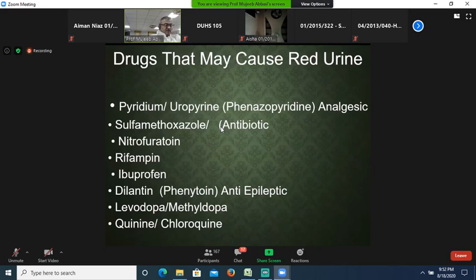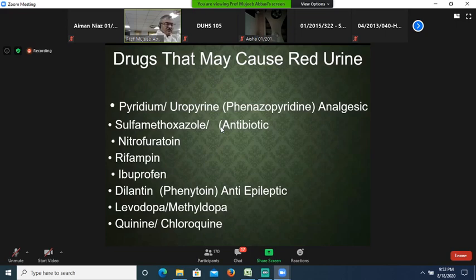Rifampicin, which is more common in our use, gives red color to the urine, not exact hematuria, but one should look when asking for any medication. Ibuprofen is again a non-steroidal anti-inflammatory, which comes in the name of Brufen in our setup, and that again is the same culprit.